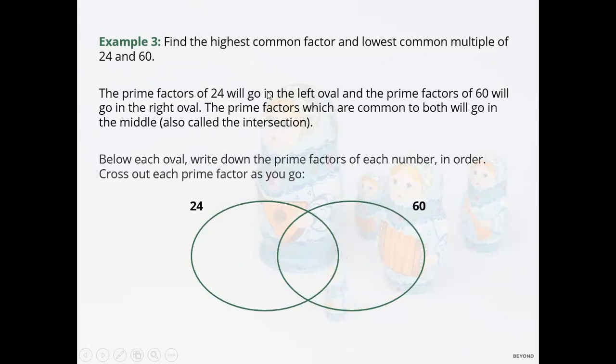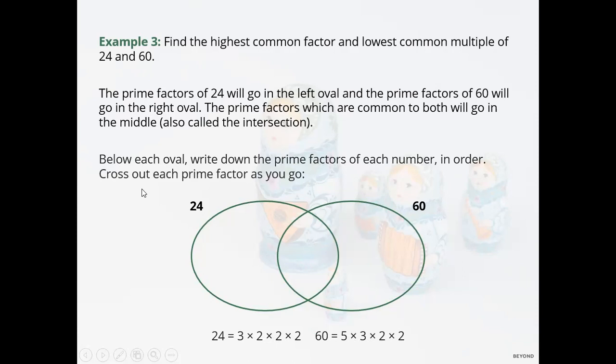The prime factors of 24 will go in the left oval and the prime factors of 60 will go in the right oval. So remember what we did earlier for 24? 3, 2, 2, 2. And for 60 it was 5, 3, 2, 2. Yes or not?